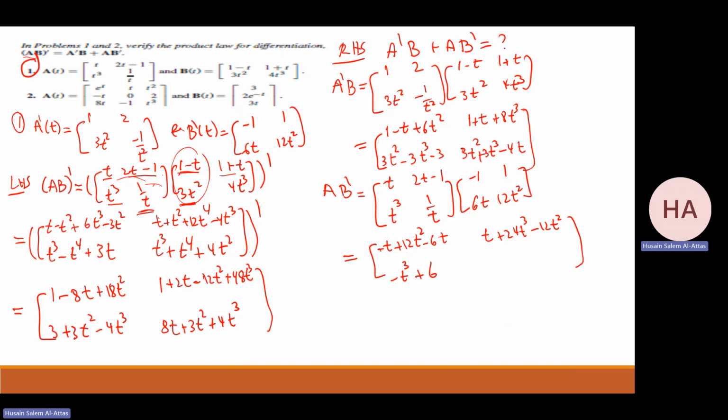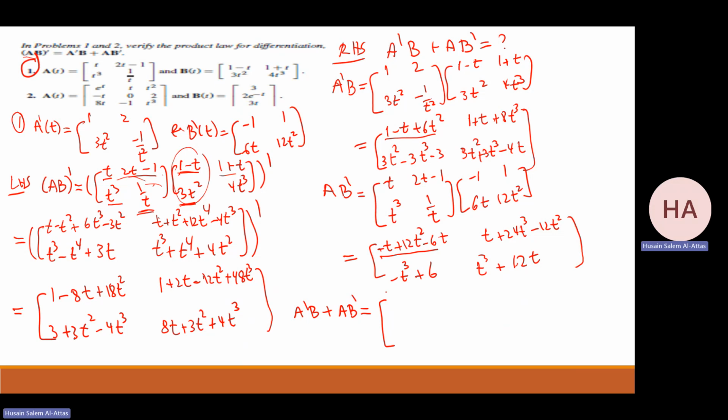Okay. It's a matter of calculation. Now I'm just doing it. t cubed plus 12t plus 12t. Now I need A prime B plus A B prime. That will be what? I need this plus this. Be careful.